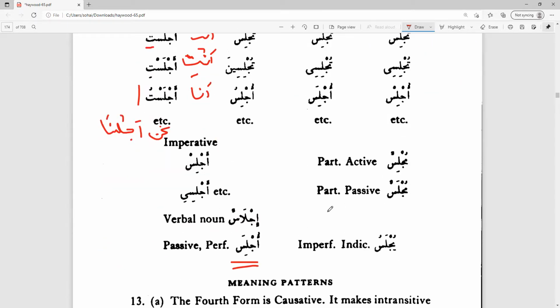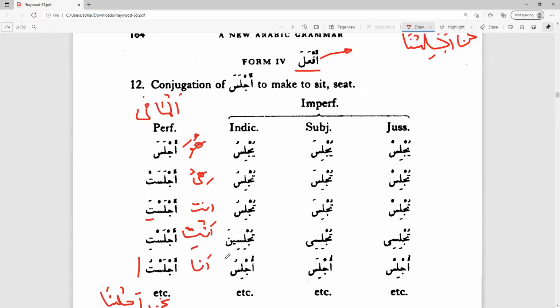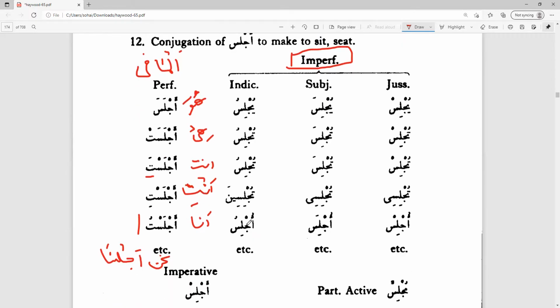And it gives you the passive here. So passive, perfect. We did past tense, majhul. Then this is imperfect, mudari. The first one is mudari without any adjustments, so it's going to be ana ujlisu.